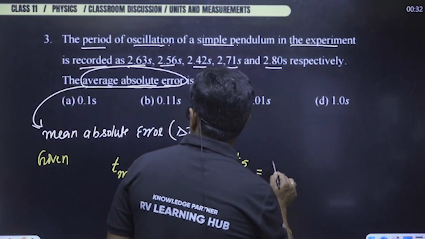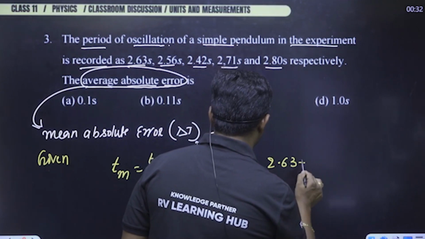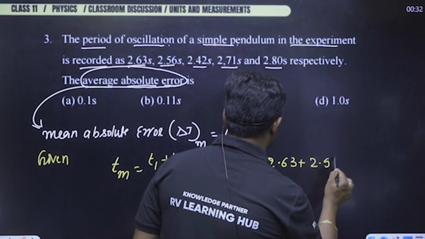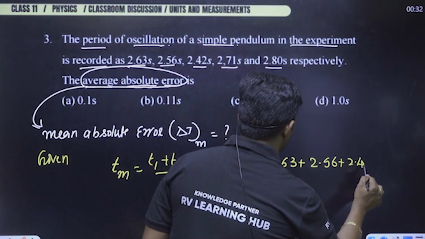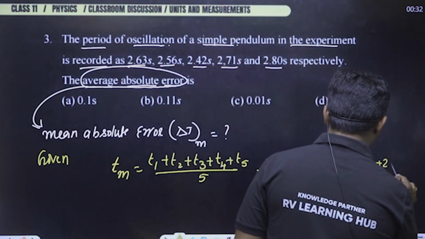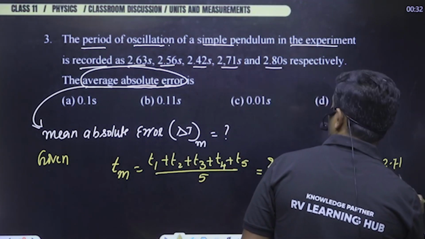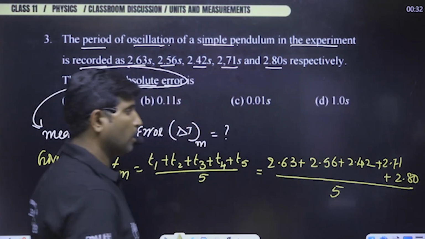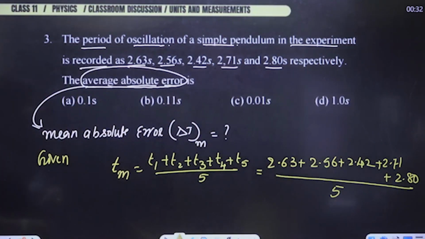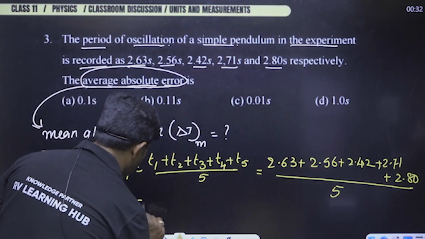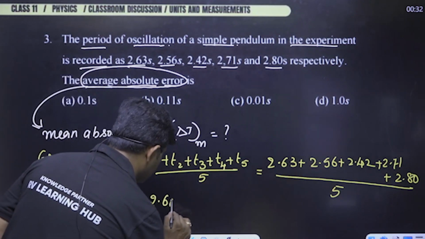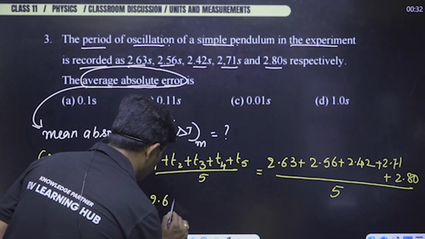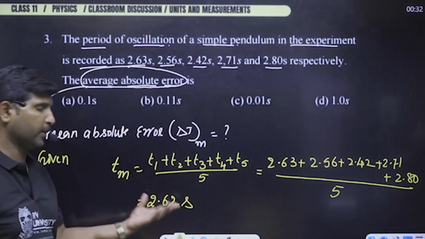So just substitute the values here: 2.63 plus 2.56 plus 2.42 plus 2.71 plus 2.80 divided by 5. If we add all these and calculate, you will get the answer as nearly 2.62 seconds. If you want, you can do it. You will get 2.62 seconds.